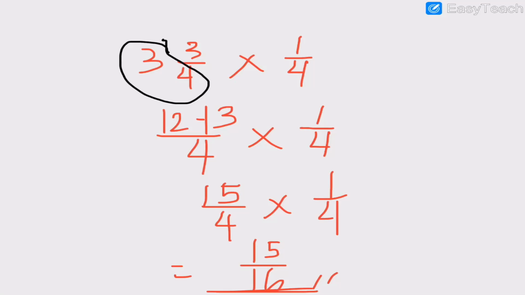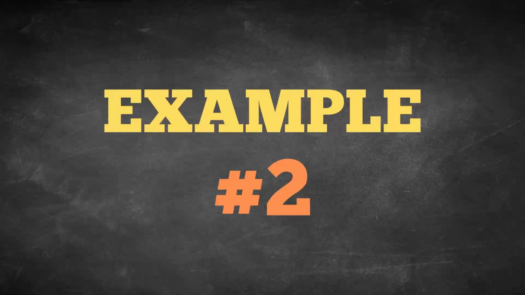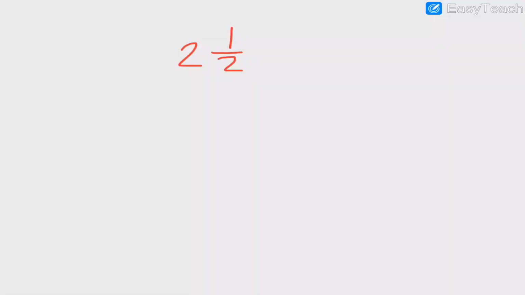Okay, let's proceed. Next, this is 2 and 1/2 multiplied by 3 and 5/8. So, same procedure applies.